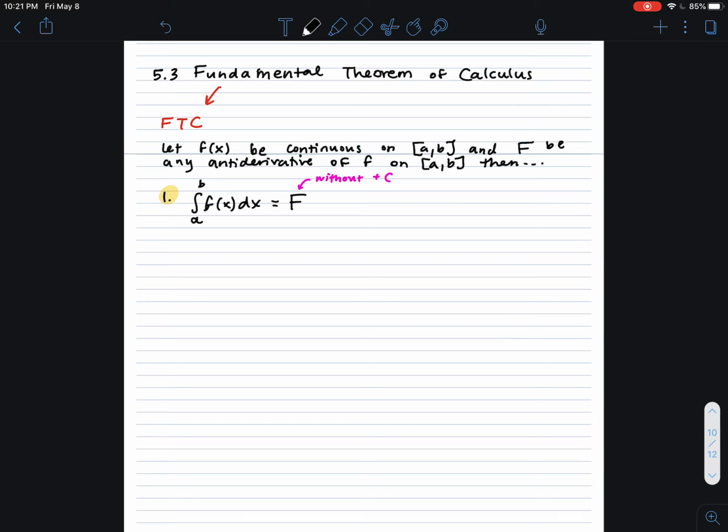So we don't need a plus c. The plus c was for when we were calculating or constructing functions for our antiderivatives, and this time we're calculating an area, so that's a number. You don't need that plus c. So capital F is just the antiderivative itself, and then you plug in b, that top bound, and then you subtract that same antiderivative but plugging in a.